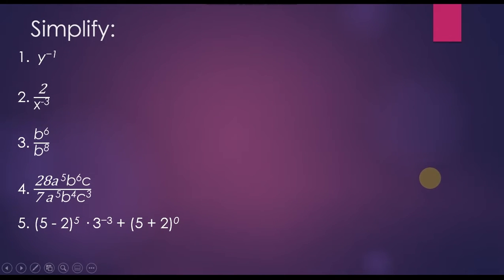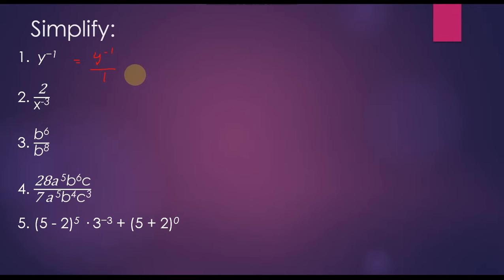Let's simplify the following. Number 1, we have here y raised to negative 1. So in this case, just think of the reciprocal of this one. You can transform this to fraction form, which is y raised to negative 1 over 1, since every whole number has a denominator of 1.